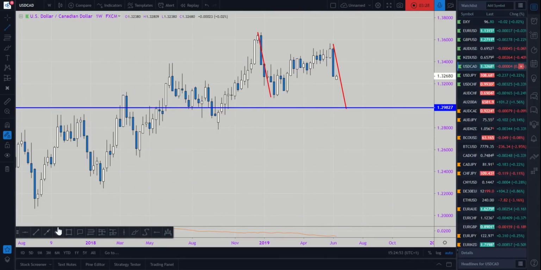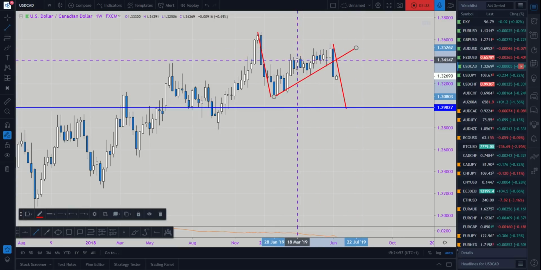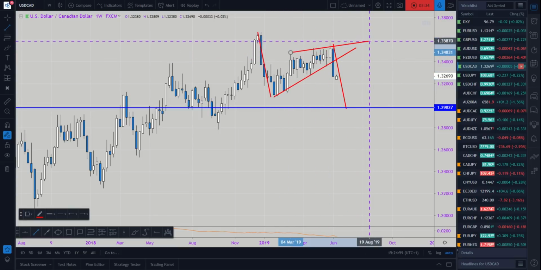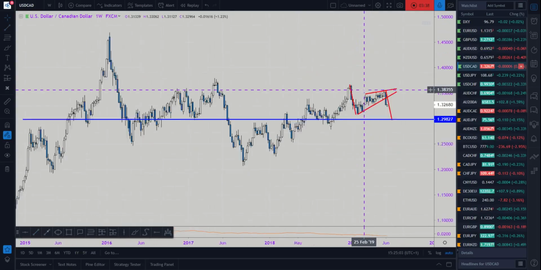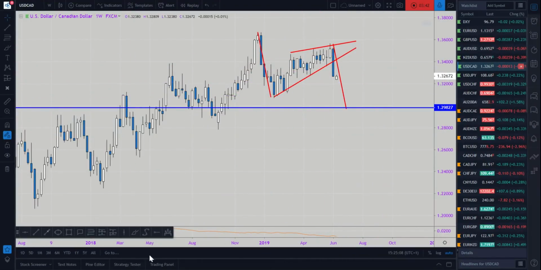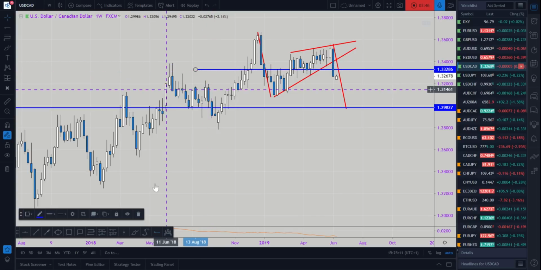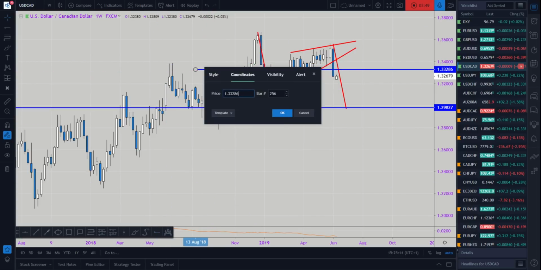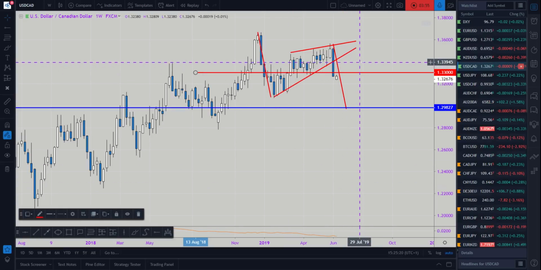Now let's put in that price action. I've had a breakout of this wedge pattern that formed like so, so we could expect another drop. So how do we trade this? Now 1.33 is a crucial level for dollar CAD, so I'm going to type in 1.33 here. I'm going to make it resistance because I know price is below that level currently.